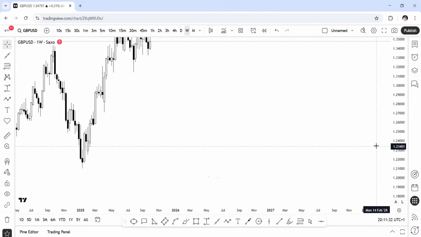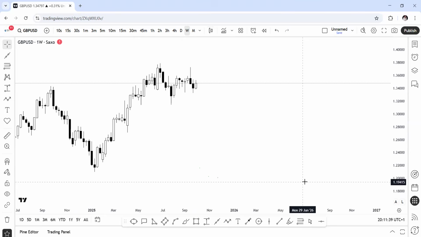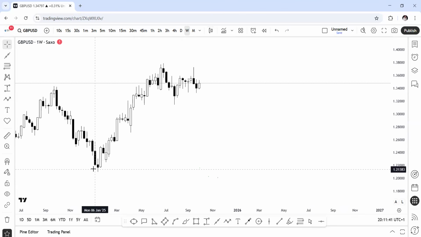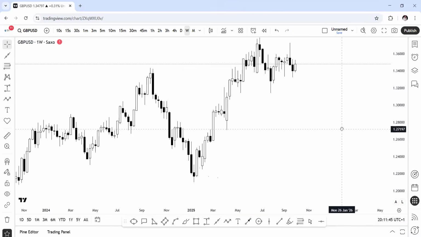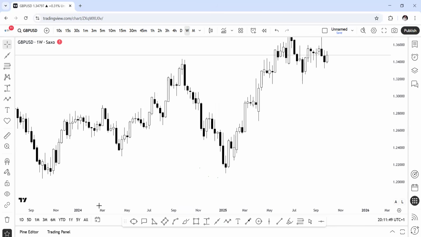And then probably we'll do one or two trades. For example, if this is pounds USD, this is the weekly time frame.